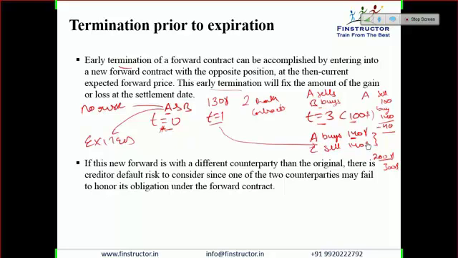Of course, if the price of the book again comes down to $100, A will not have a gain also. That is, his loss will still remain 40 because he has already agreed to buy at 140 and sell at 100.